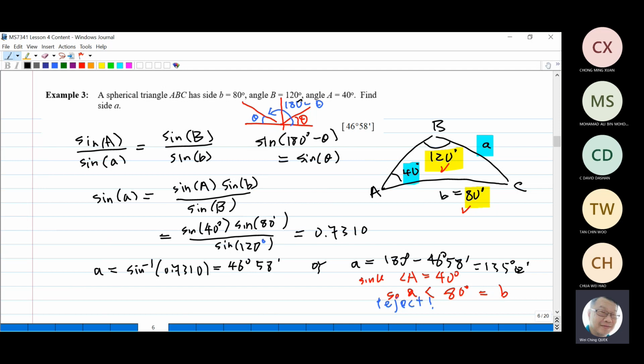You can do this if you know two sides and one angle. Then you can use the sine rule to find it, all right? So this is how you do that. Okay, let me show you here.